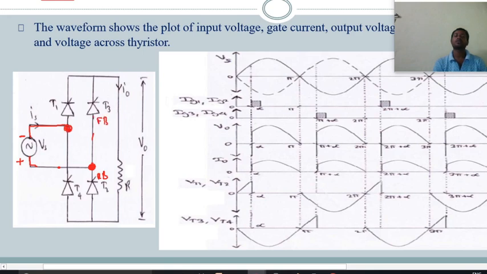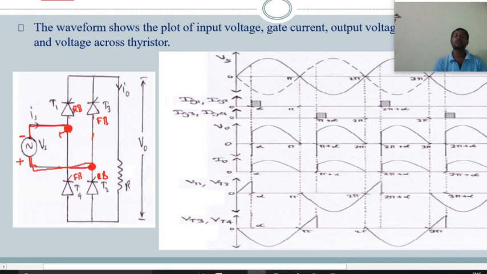And this is the negative terminal. Negative with respect to the anode, this is reverse biased, and negative with respect to the negative, this is forward biased. So the path to flow the current is this path.